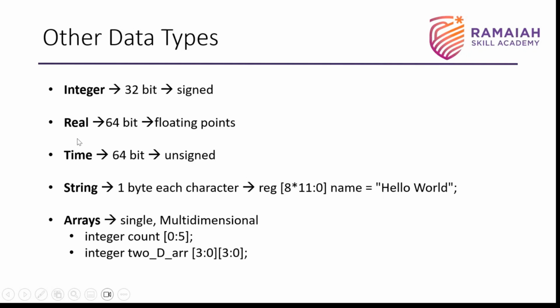And time cannot be negative, right? So that is why it is unsigned. Like that, we have string. If you want to display words, hello world or your name, anything, then within quotes we write this text, and that we call a string type. And arrays can be single or multi-dimensional, 1-dimensional, 2-dimensional, 3-dimensional, anything can be there.